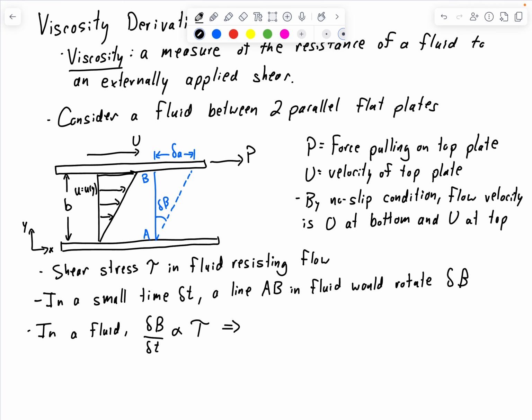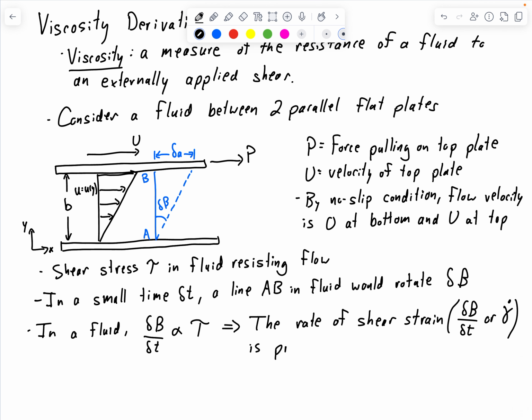So if we say that in words, the rate of shear strain, which is delta beta over delta t, or we can also write that as gamma dot, is proportional to the shear stress.